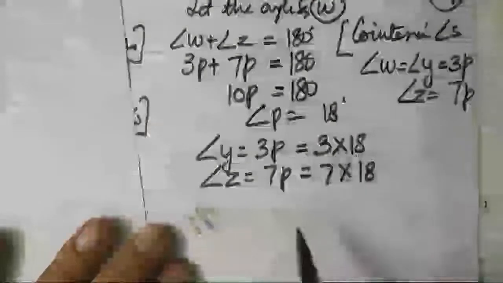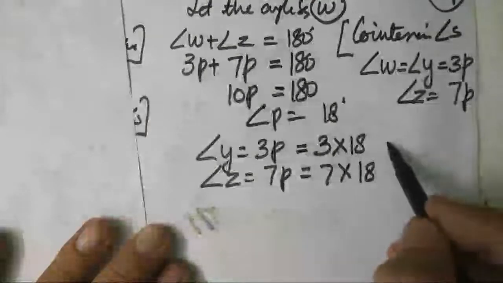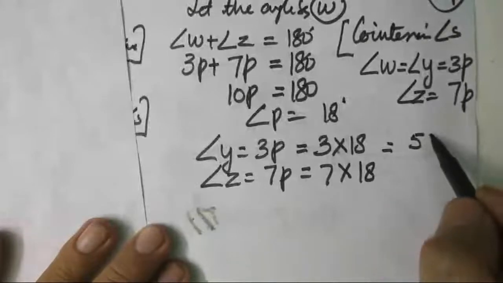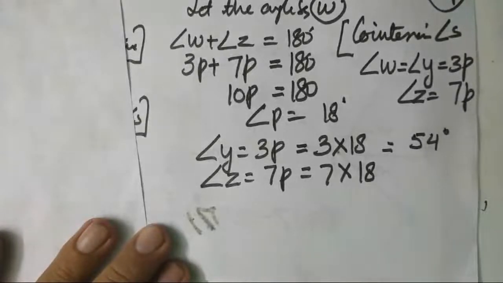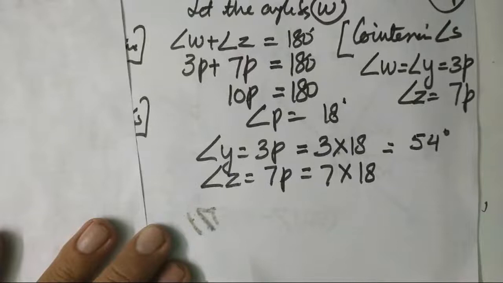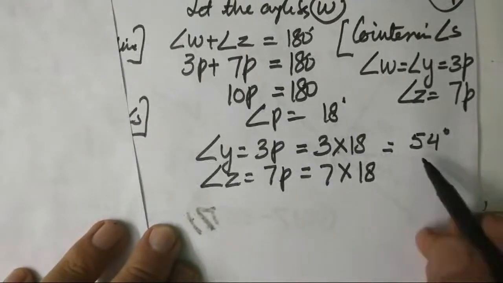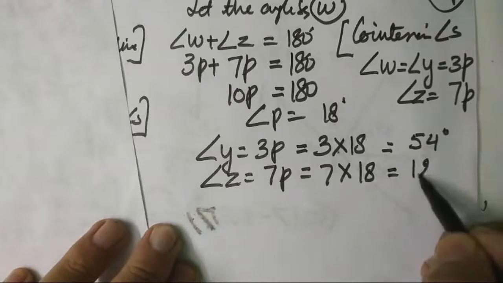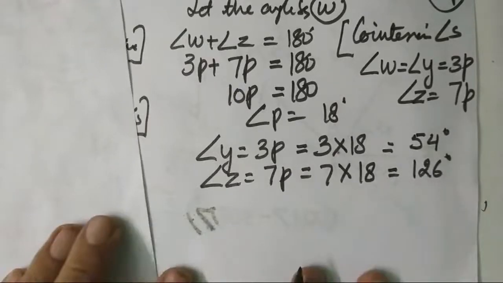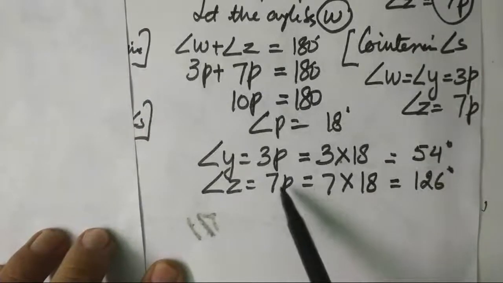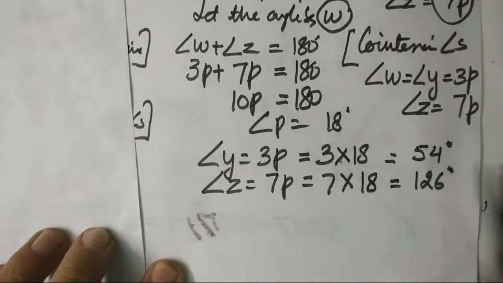So this angle becomes 54 degrees. Okay, and this angle becomes 126 degrees. So first you will find the value, then you will put the value and you will get two answers.